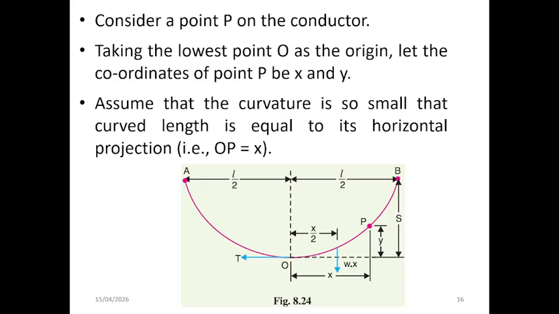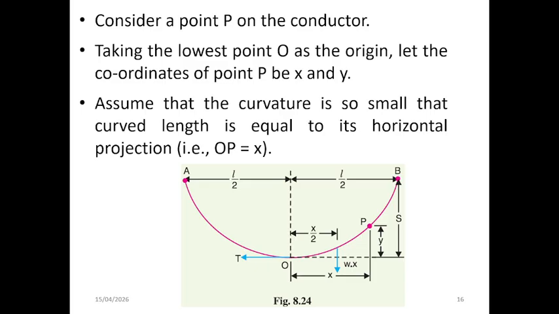An important assumption is made to simplify the analysis. The curvature of the conductor is considered very small. Because of this, the actual curve length of the conductor between points O and P can be approximated as equal to its horizontal projection.